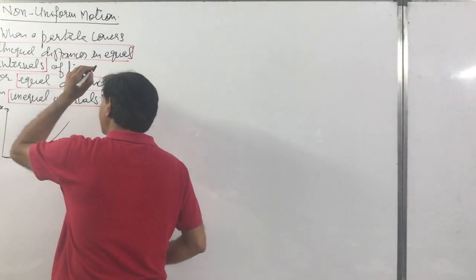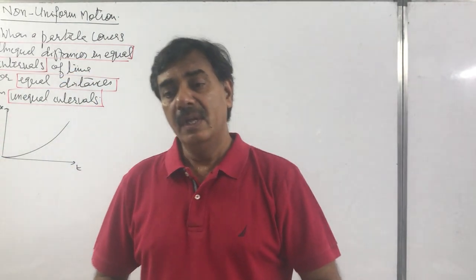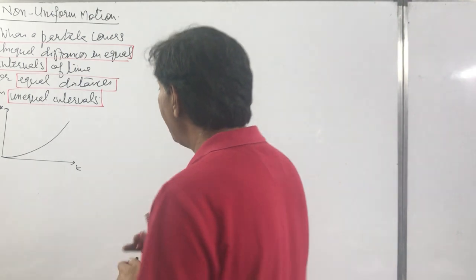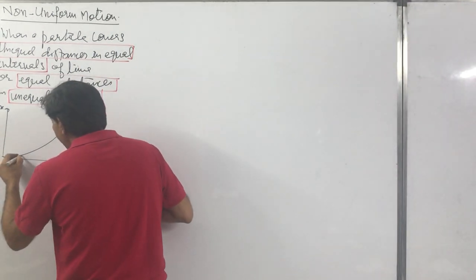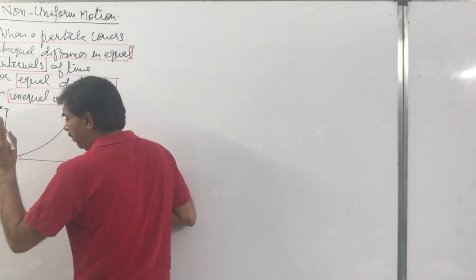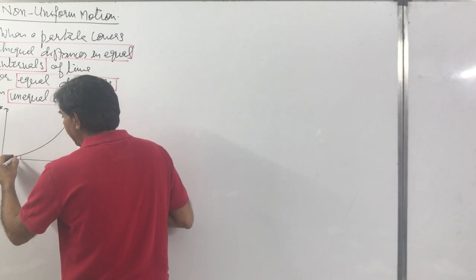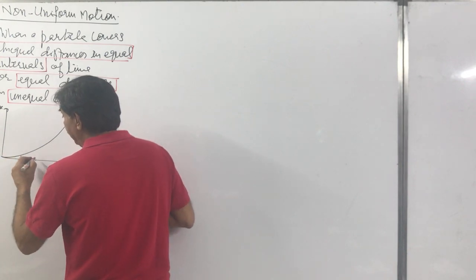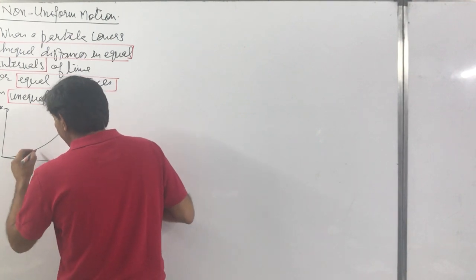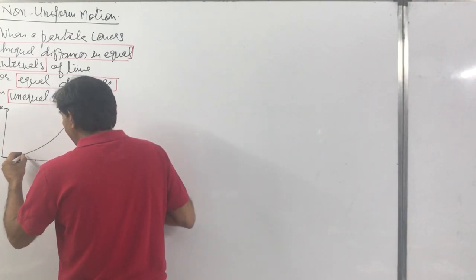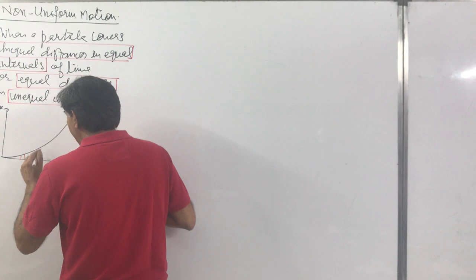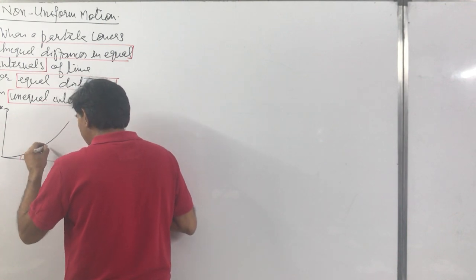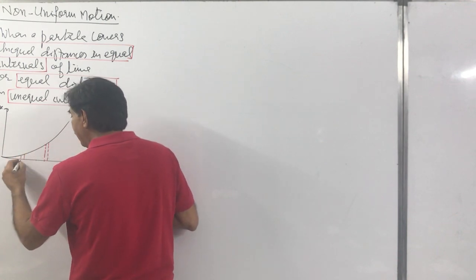What does such a graph represent? This represents that I am taking equal time intervals, right? And this time interval, I'm taking it to be quite large. I will take a time interval here, and a time interval here. Equal time intervals.